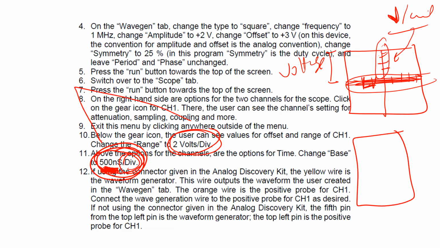These are parameters you can change in the program. Once you change it, you can zoom in or zoom out. If I say 2 volts per division, this is 2 volts and this is 2 volts. So if the signal goes this way, it's going to be 4 volts, 2 and 2, right? But if I make it, for example, 4 volts per division, you will see something like that.